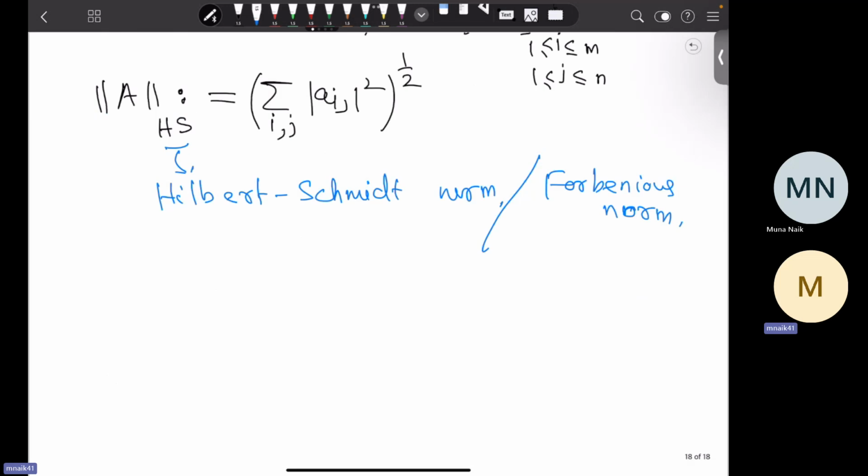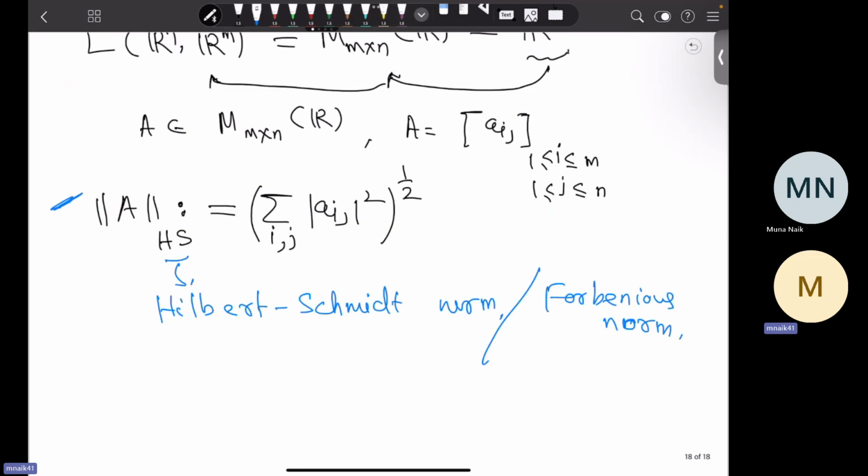If you are only bothered about developing calculus on Rm, then one can really work with this Hilbert-Schmidt norm, or Frobenius norm.